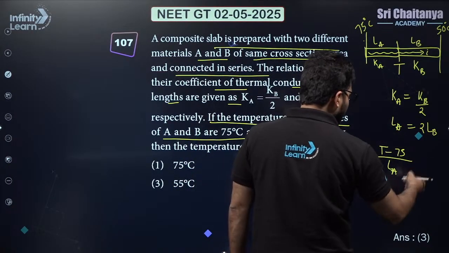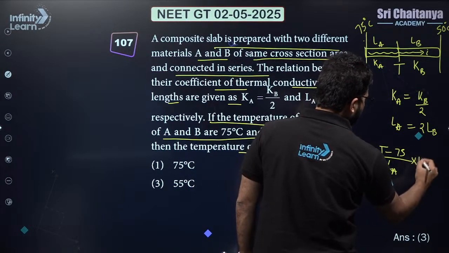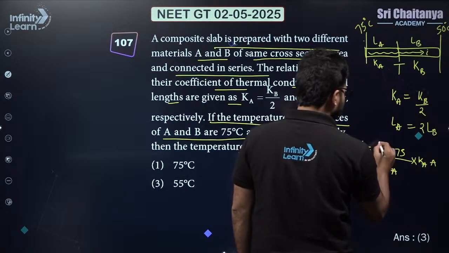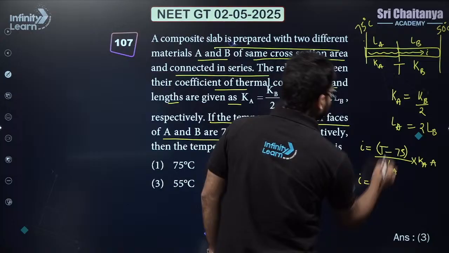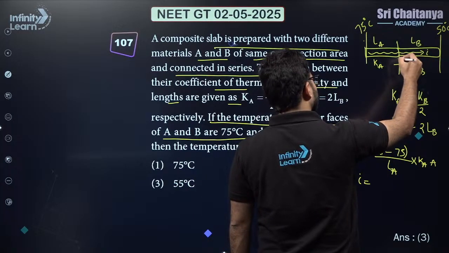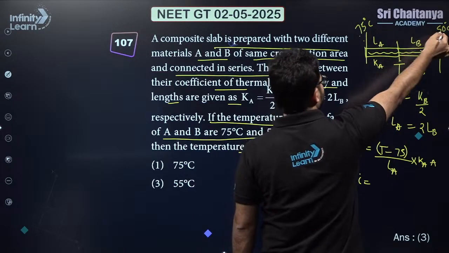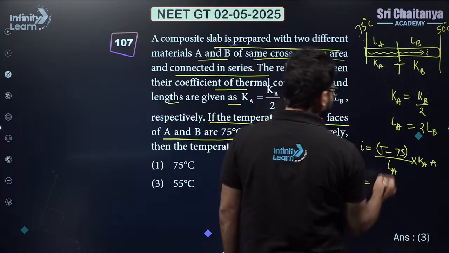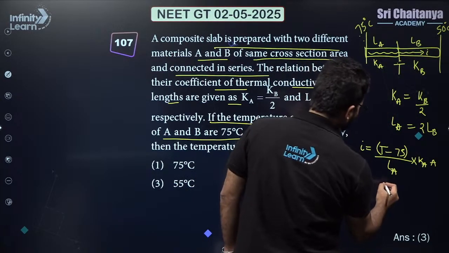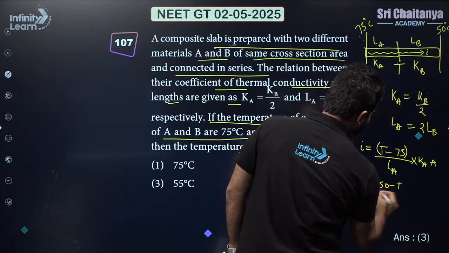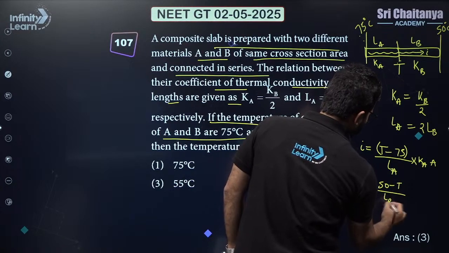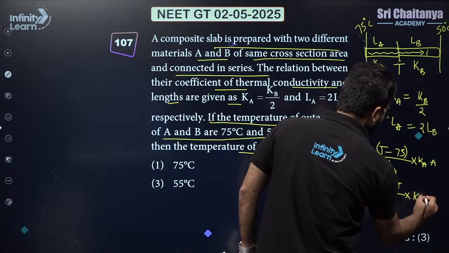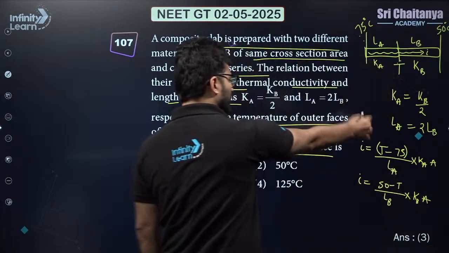LA divided by K of this. So I am writing it in numerator, K into area. And again, I will apply this equation either from 75 till 50 or from T to 50. So I'll apply from T to 50. So that would be 50 minus T divided by LB, multiplied by Kb into A. Now you have to equate both of them.